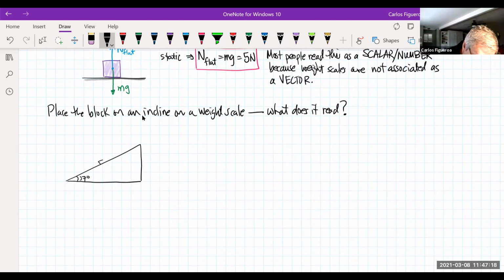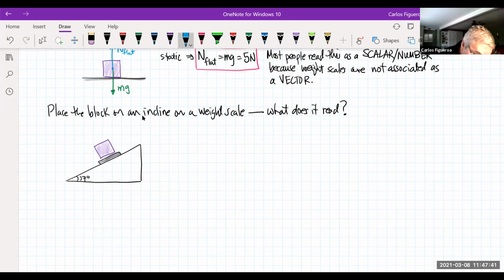So when I'm thinking about my weight scale, here's my weight scale right here, and now I have my block on it. What do we know here? Well, it's stationary, it's not moving.